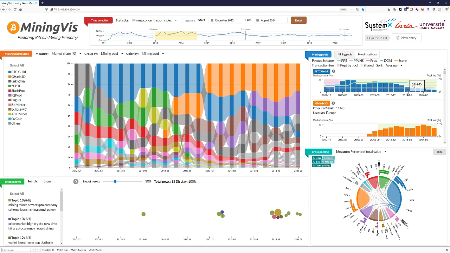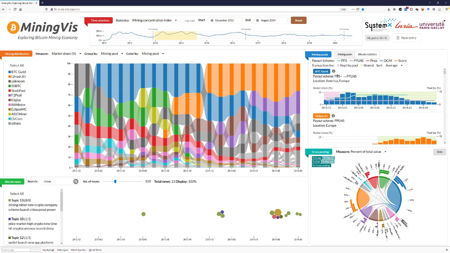PPLNS favors constant loyal pool members, which is something we see confirmed in the pool hopping view, where only very few miners for Ghash.io actually cross-pooled with other pools. BTC Guild, on the other hand, offered the PPS Plus payout scheme, and subsequently lots of miners cross-pooled, for example, with F2Pool or Slush Pool. We conclude that likely the low pool fees led to Ghash.io's success.